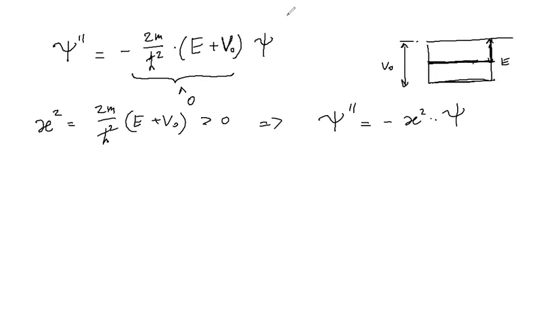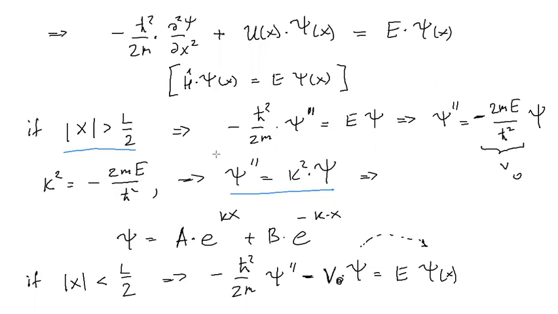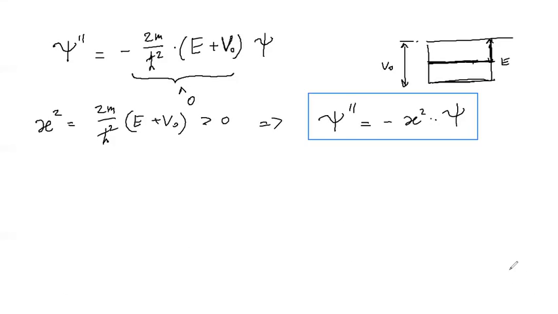So there are two differences between this equation and the previous one. One difference is the sign. There was a positive sign, now it's negative. The second difference is the coefficient itself. The first coefficient was just minus energy, it was positive. The second coefficient is energy plus V naught.